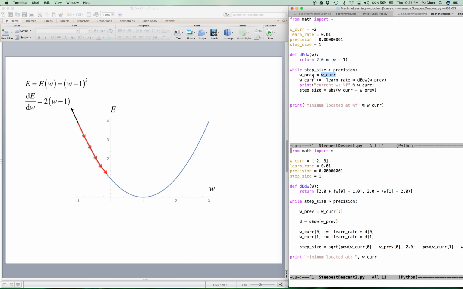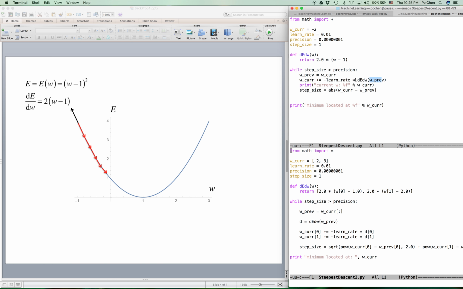And on the second line inside the loop, we actually change the current W value. We change it by adding this term to the current value of W. And this term is what? This term is the product of the learning rate, which has a fixed value 0.01 here, with the derivative of E with respect to W at W pref.